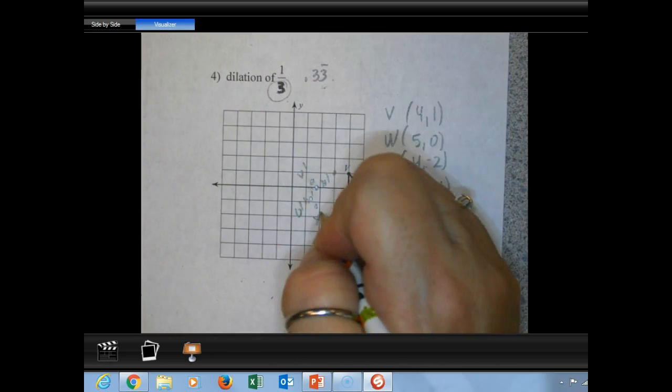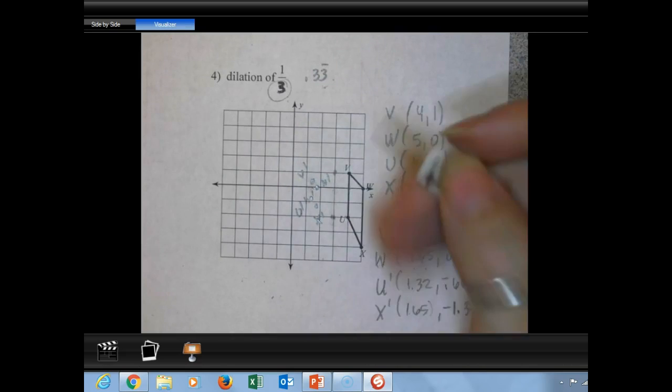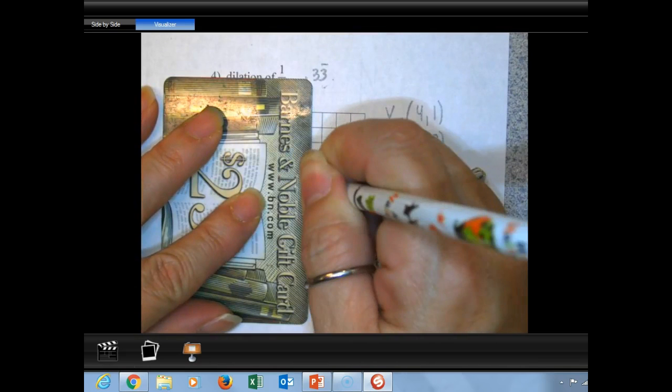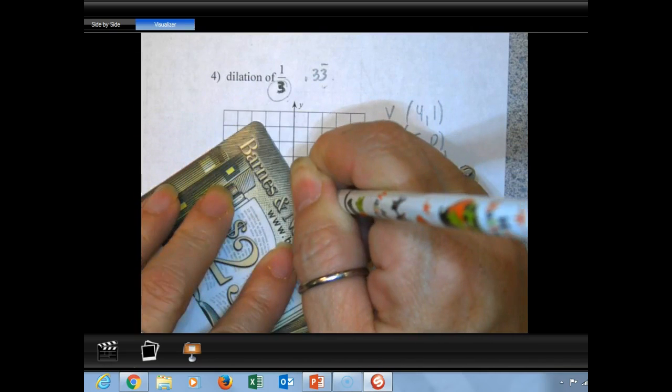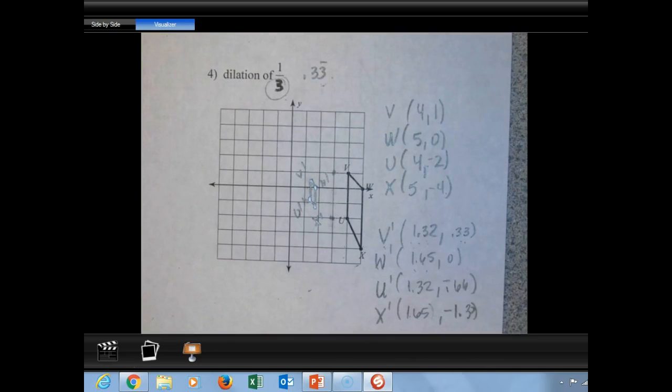And yeah, remember I told you at the beginning, shrinking it is going to be harder. Okay, so I'm going to connect my points here. And as you connect it, it is teeny tiny. Let's see if I can zoom it in.